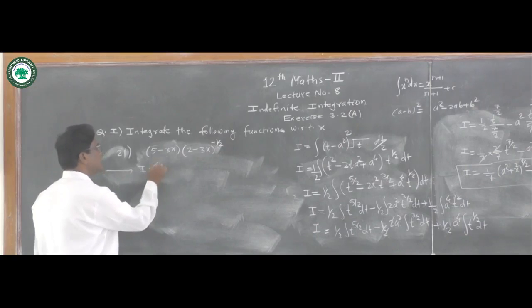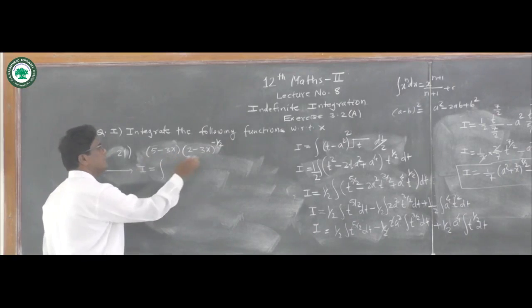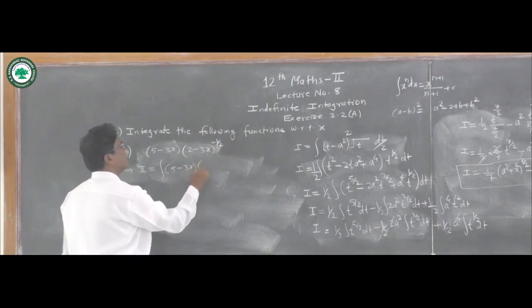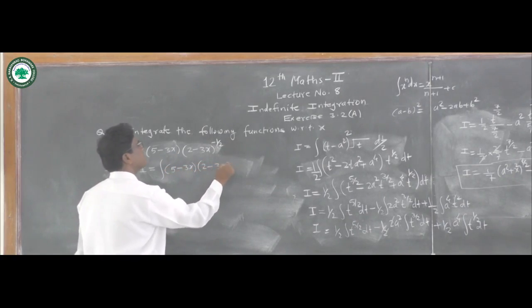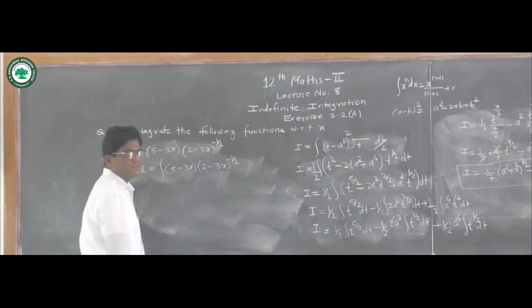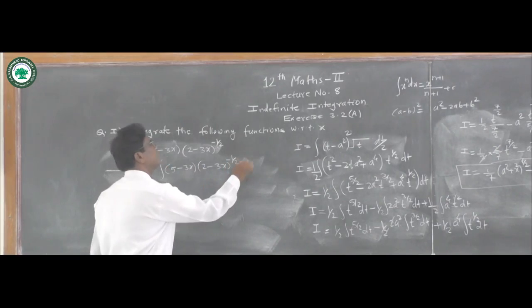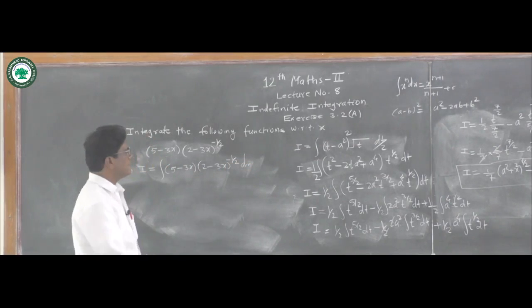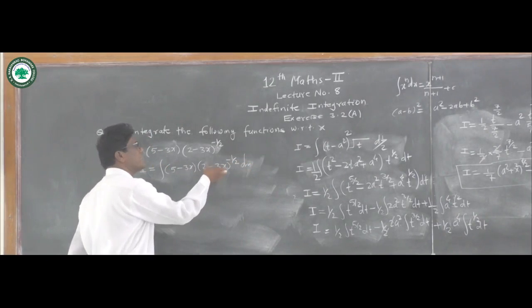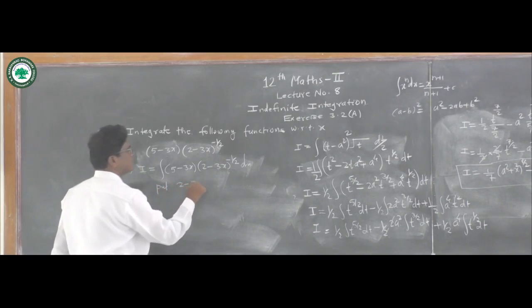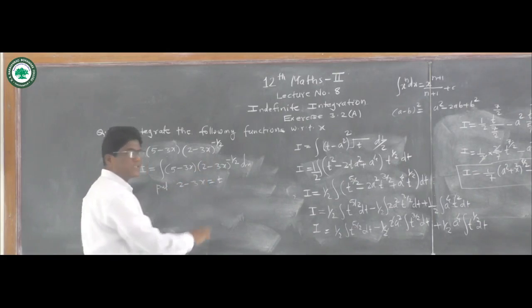So I is equal to, write here integration sign, write the problem 5 minus 3x into 2 minus 3x to the power minus 1/2. And when we write here integration sign, then take here dx. Now here we put this 2 minus 3x as a t. So put here 2 minus 3x is equal to t.